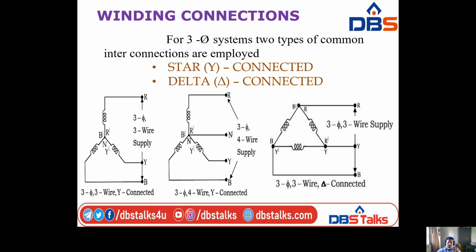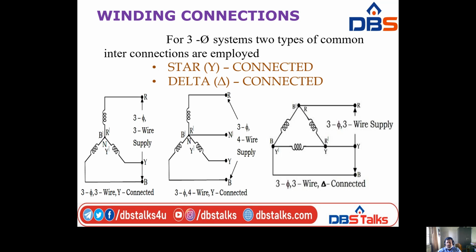And Y is also connected, one side to the line, the other to the same common point. That means one side of all 3 phases R, Y, B is connected to the line, and the remaining side of all 3 phases is connected at one single point. That point is called the neutral point.